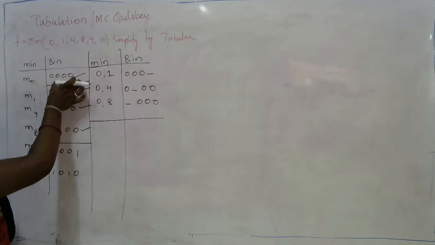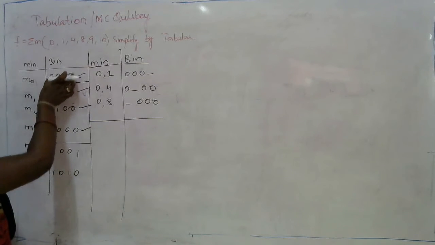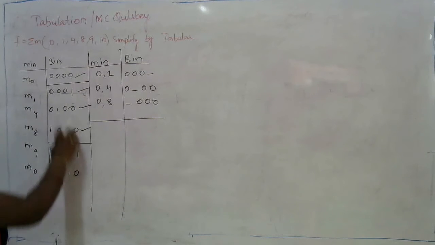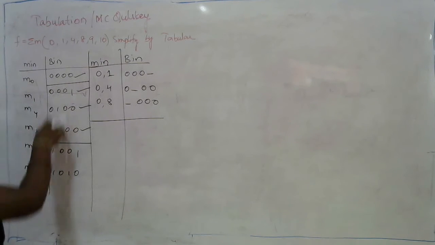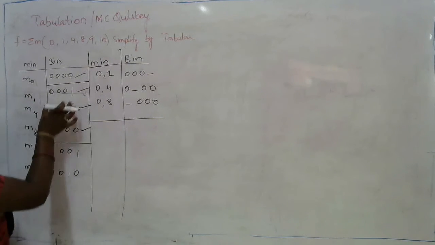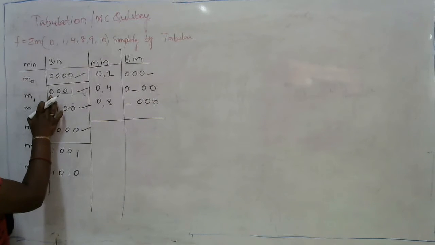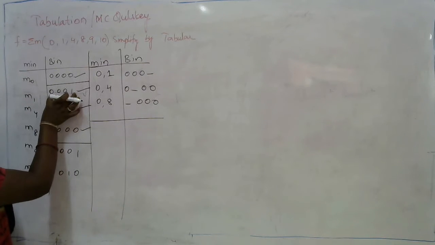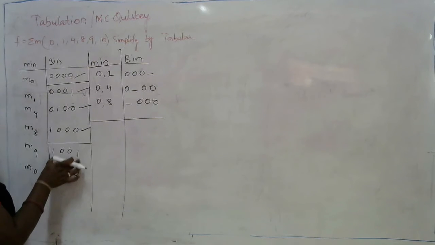Once you have finished the comparison from partition 1 to partition 2, just draw a line. Similarly, now compare the second partition with the third partition. In the second partition, the corresponding minterm is 1, which is 0, 0, 0, 1. This 0, 0, 0, 1 should be compared with 9 as well as 10.